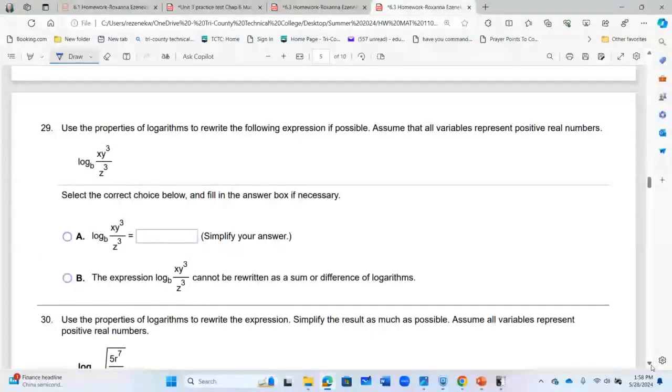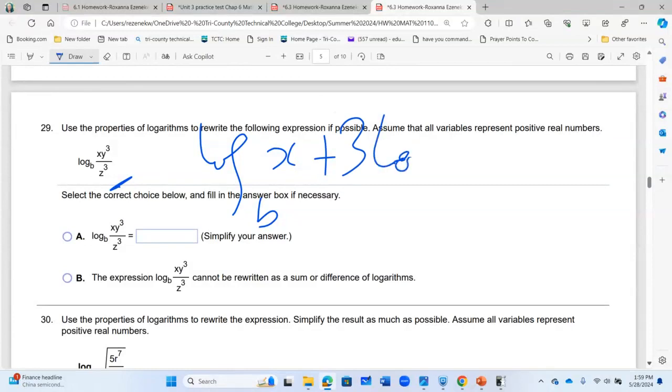One last one. How many minutes do we have? 2 minutes. Okay, we can rewrite this. The numerator has all the multiplications, all of them to base b. So we can say log to base b of x, plus, remember that exponent is coefficient, 3 log y, because exponent is coefficient, minus 3 log z.